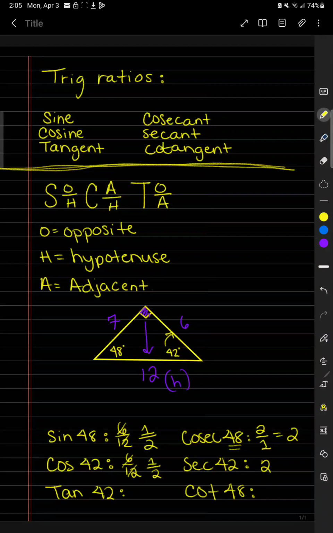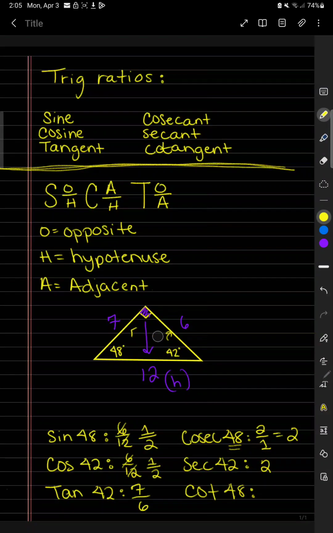But the last ones are asking for the tangent of 42 and the cotangent of 48. So we will not flip those when I do the first one. We have to find them individually. So tangent is opposite over adjacent. So opposite of 42 is 7. And then its adjacent is 6. So this is 7 over 6.